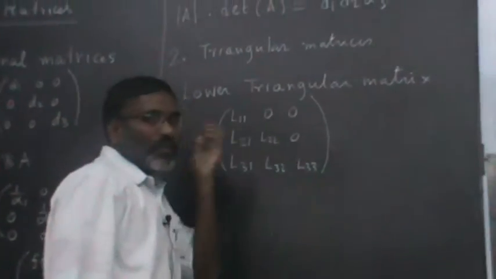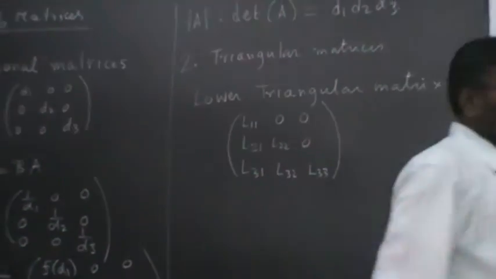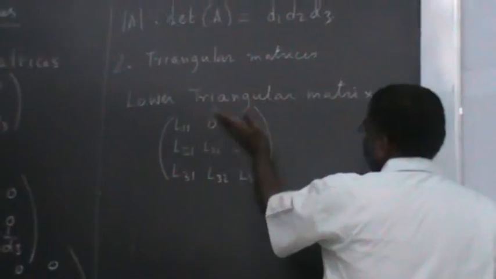I'm writing 3 by 3, but you can define this for n by n matrices. So all the elements above the diagonal are zeros.